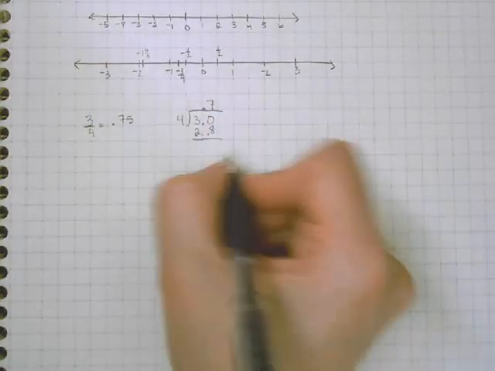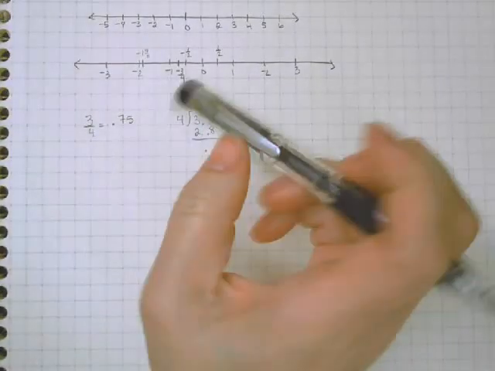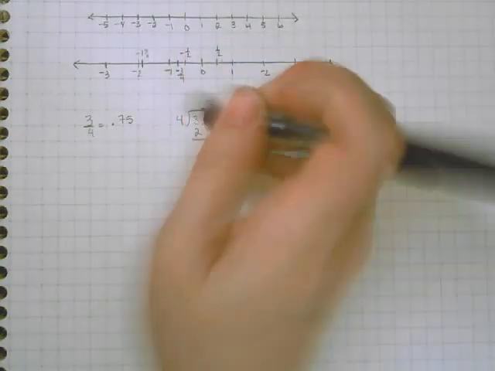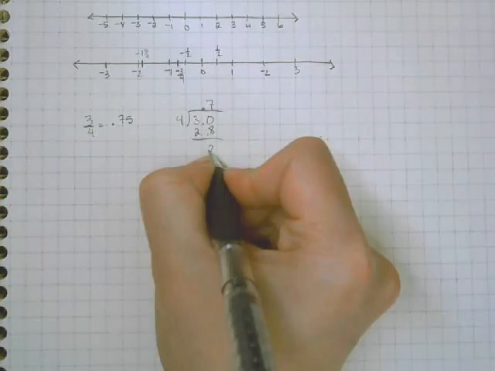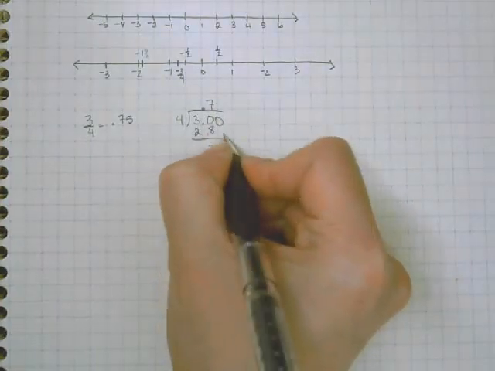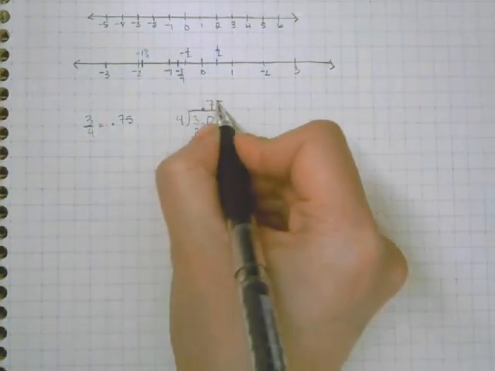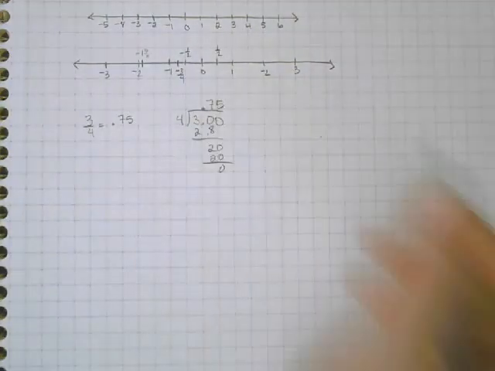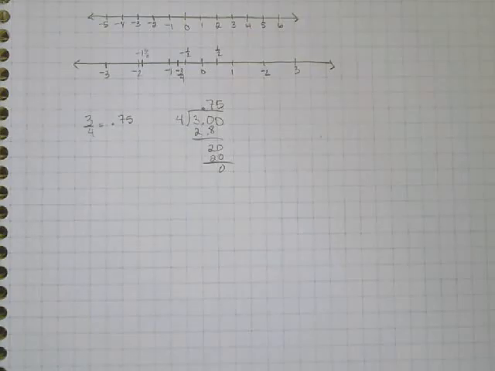So I'm left with 2, add another 0 there, drop that down, and that gives me 0, so 0.75. We're not going to be doing that much most of the time. I'm going to have you leave your answers as fractions as opposed to decimals.